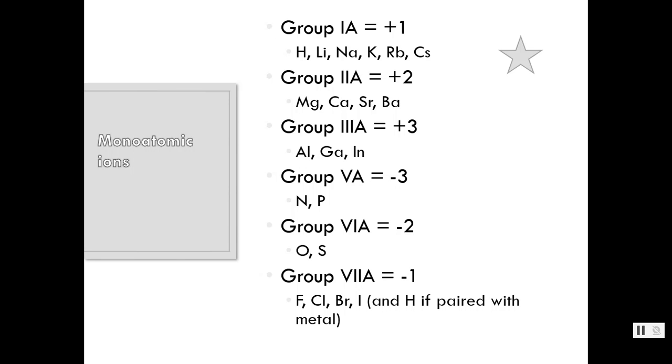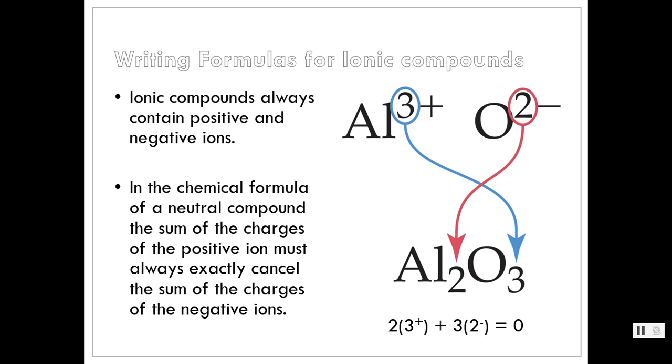To write a balanced chemical formula for ionic compounds, which is the only kind of chemical compound you're going to have to do this with, you know that the metal always has to go first and the non-metal always goes second.